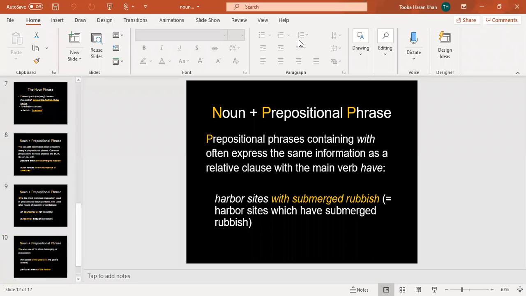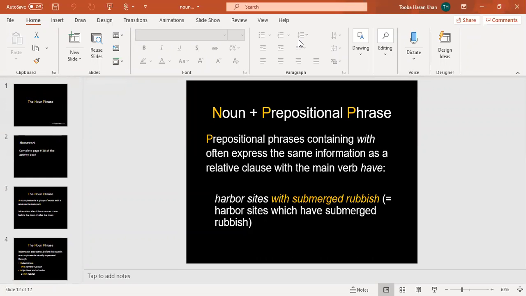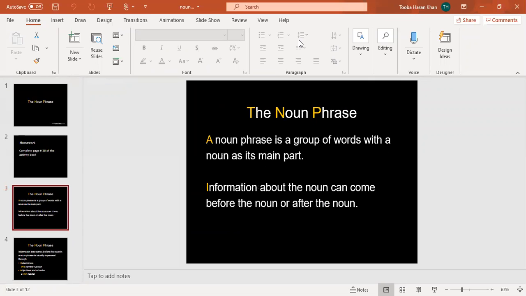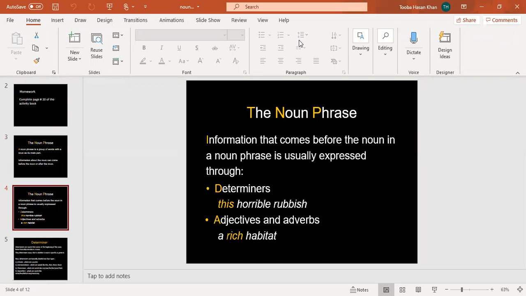But for your understanding, what you should know is that a noun phrase is a phrase that contains a group of words with the noun as the main part. It can have some words before the noun. Those words can be either an adjective. Adjective is any word that tells you more about the noun. It can be a determiner. For example, this, a and the, this, that, these, those.